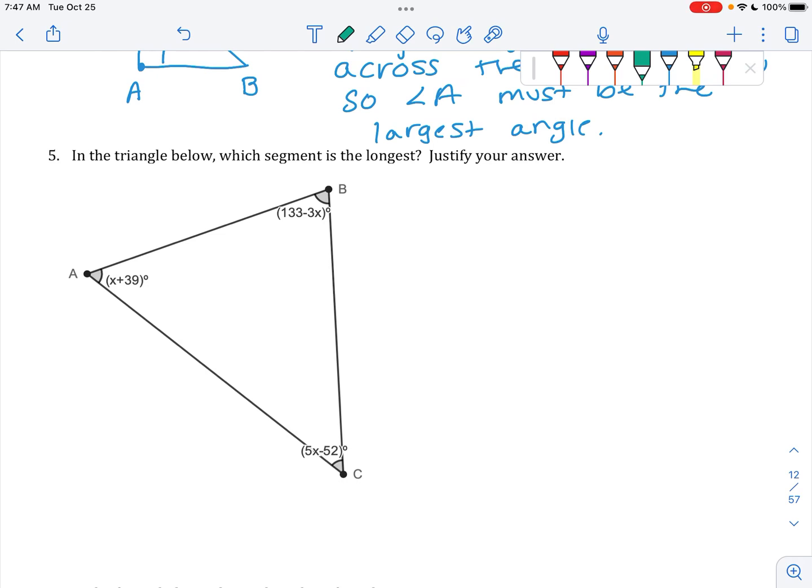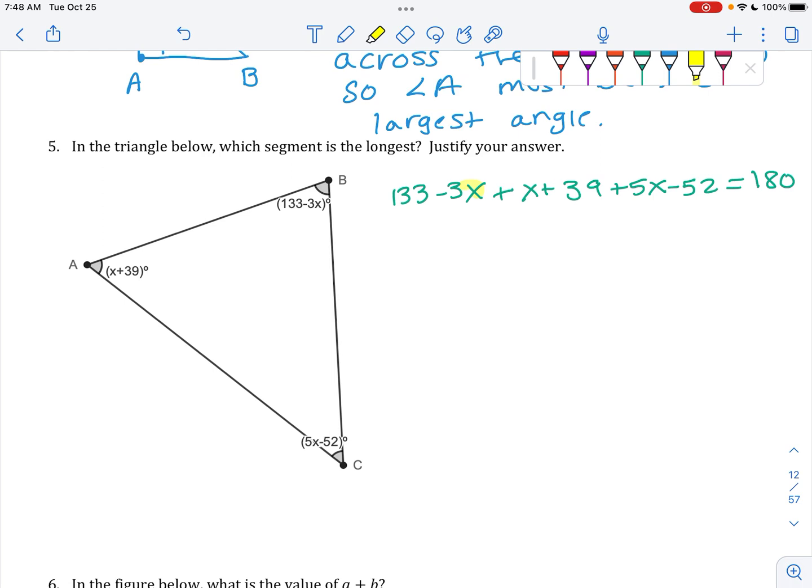So I'm going to add these all up. 133 minus 3x plus my second angle, x plus 39, plus my third angle, 5x minus 52. Together, those three angles have to make 180 degrees. So I can use this to solve for x. So I'm going to combine my like terms.